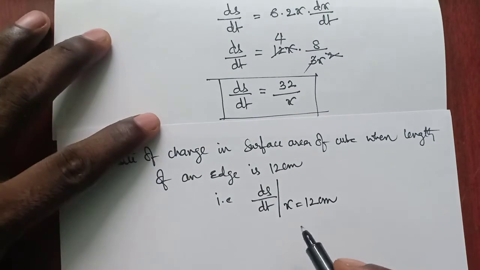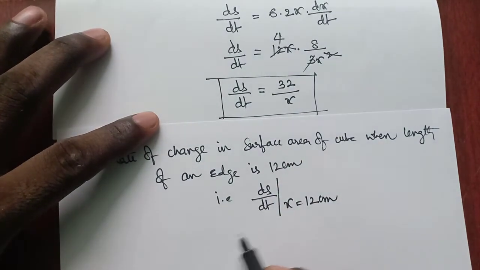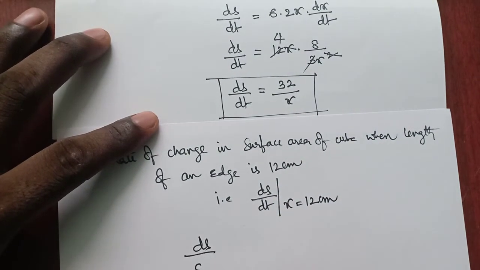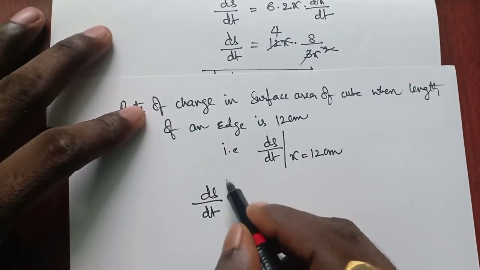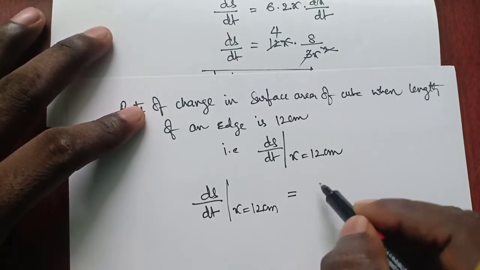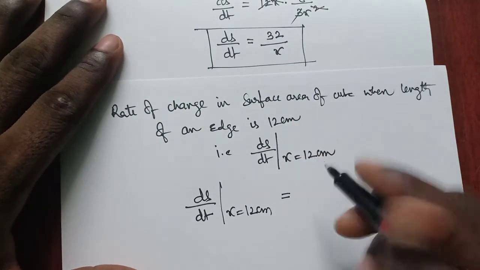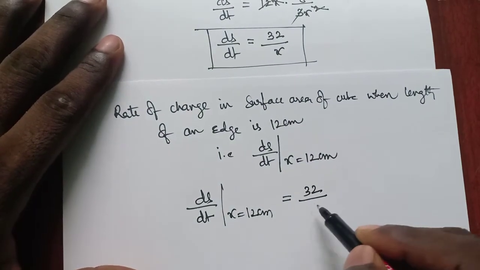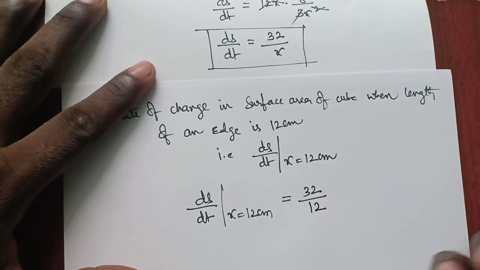Clearly ds by dt is 32 by x, so ds by dt at x equal to 12 centimeters equals 32 by 12.